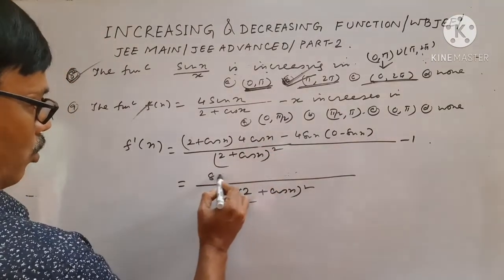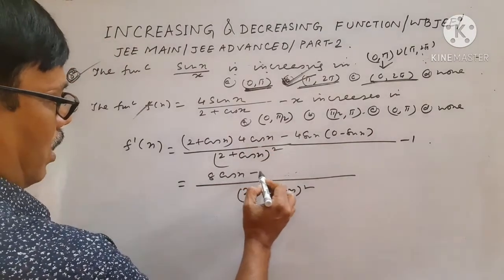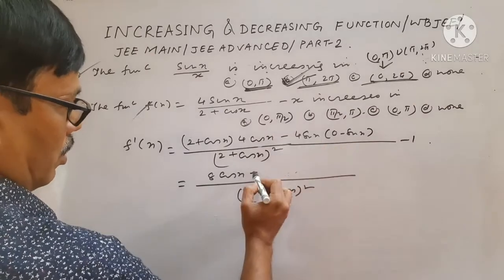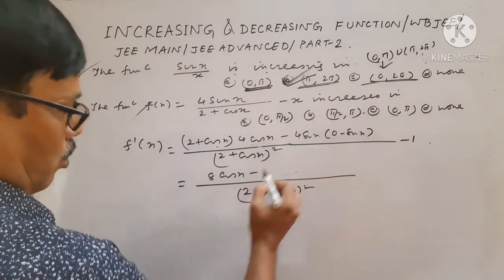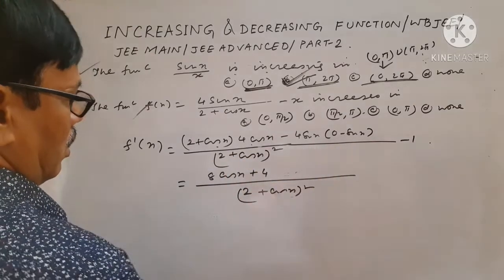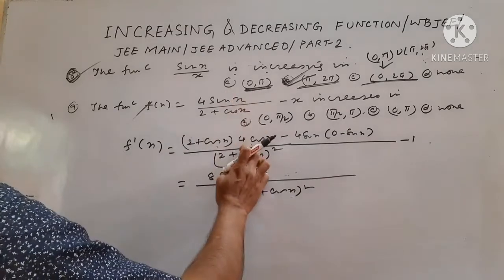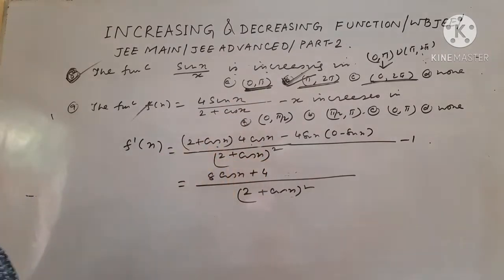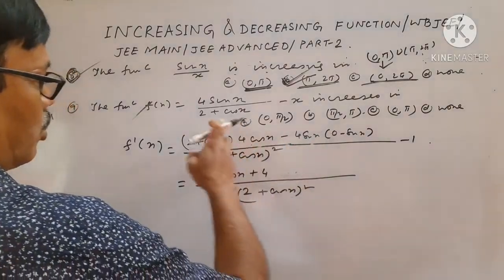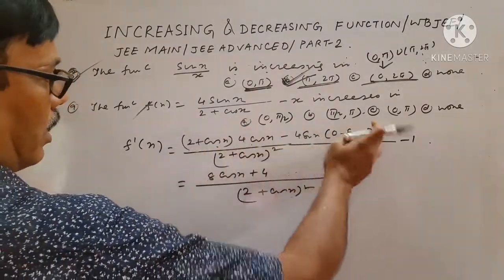So 8 cos x plus 4 cos square x plus 4 sin square x. So 4 cos x times (2 plus cos x), minus 4 sin x unchanged times (0 minus sin x).